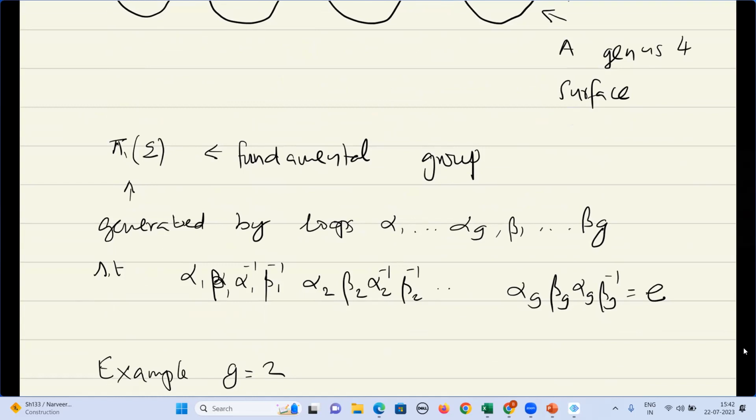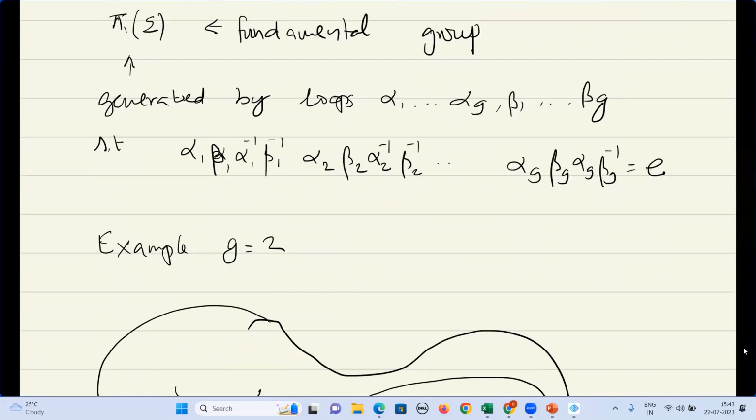It is a fact that if you have a compact genus G surface, and you choose a system of so-called alpha loops and beta loops, which I will illustrate below, then the fundamental group is the group generated by the G alpha loops and the G beta loops subject to one condition, namely this product must be the identity. So if you take alpha 1, beta 1, alpha 1 inverse, beta 1 inverse, alpha 2, beta 2, alpha 2 inverse, beta 2 inverse, and take the product up to G, then that must be the identity. So it is a free group on 2G generators subject to one relation.